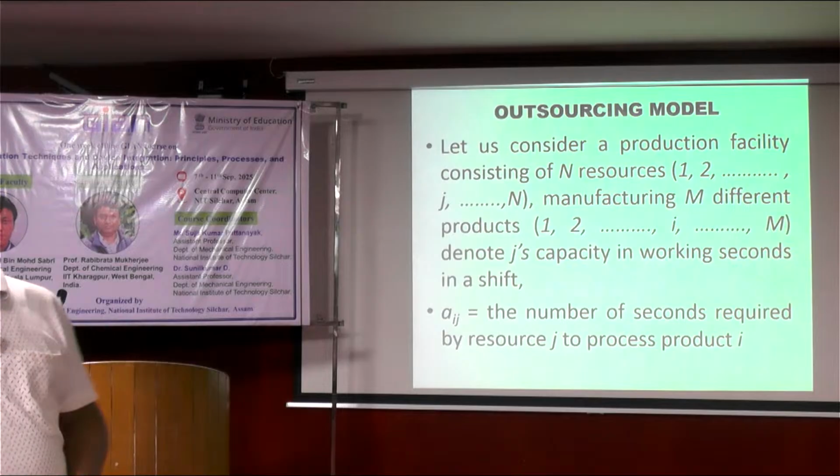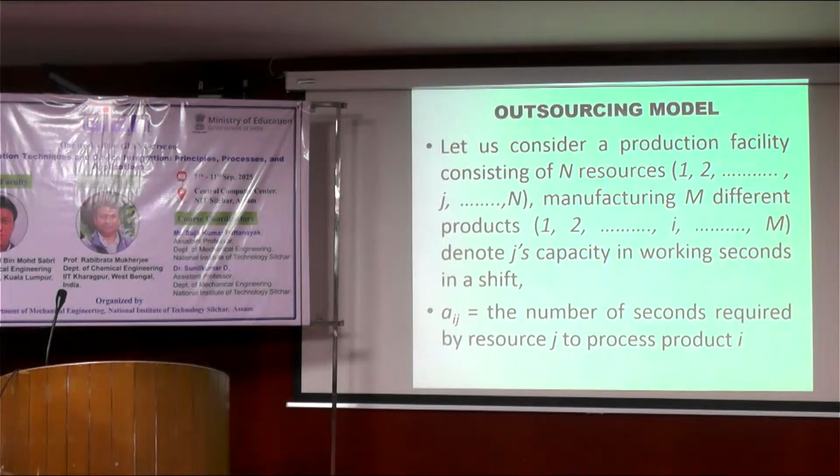Suppose this is a machine. If I go for producing one piece of this through this machine, it takes 10 minutes. Maybe for producing a 200 ml bottle, it may take 5 minutes. For producing a 2-liter bottle, it may take 20 minutes. So for a particular product and a particular resource, the working time in seconds is different.